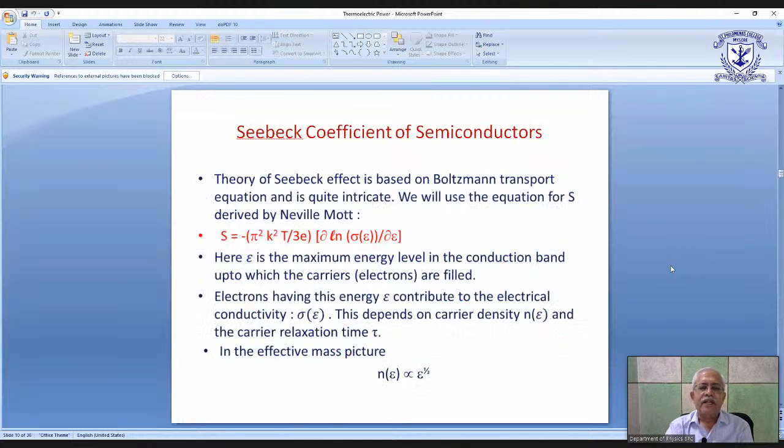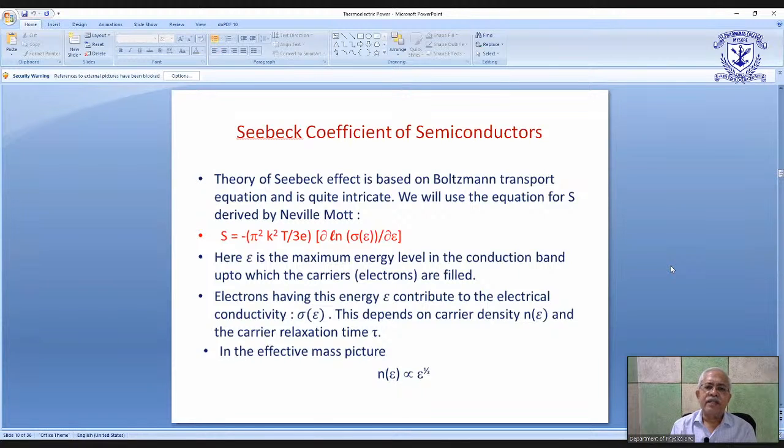All right, let us now come to the Seebeck effect of semiconductors. We will see later that determining the formula for the Seebeck effect involves a detailed analysis of the band structure of the material. Semiconductors can have a rather complex band structure, so these band calculations become quite intricate.